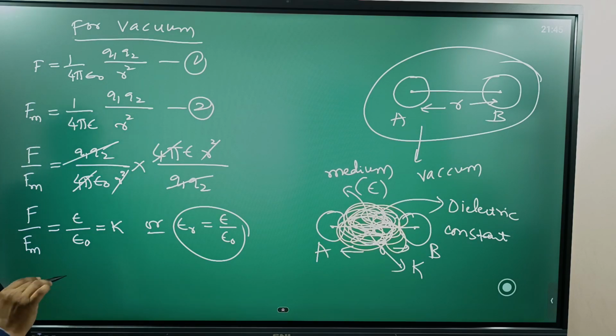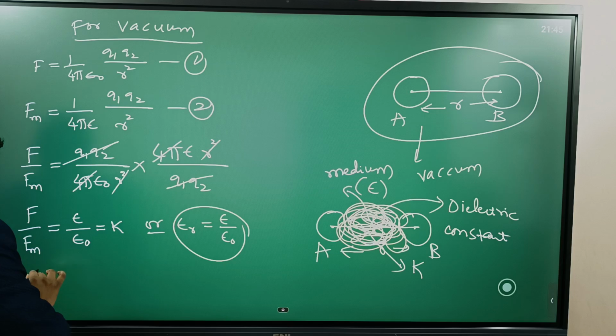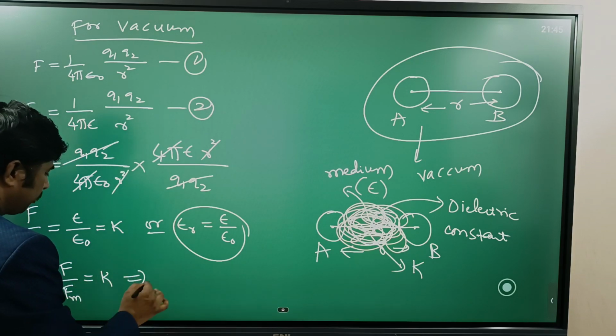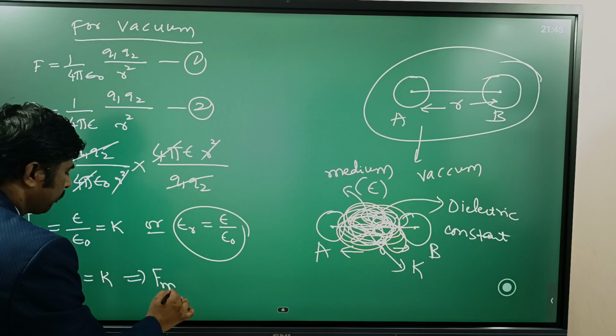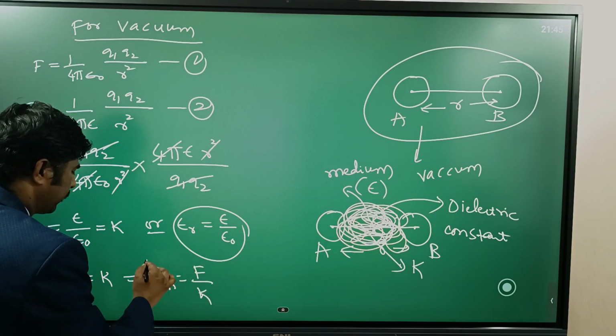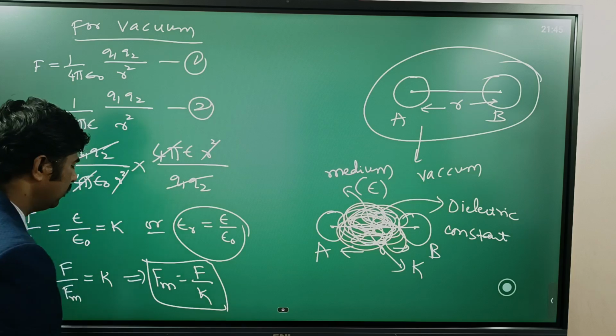So now what can we write? Therefore, F divided by Fm is equal to k, or if you want to write the medium force, Fm is equal to F divided by k. This is a very important formula.